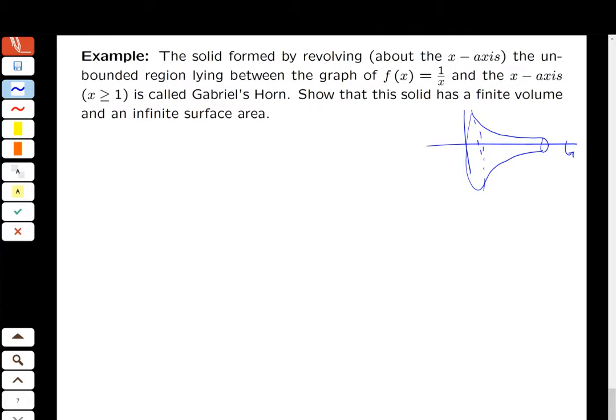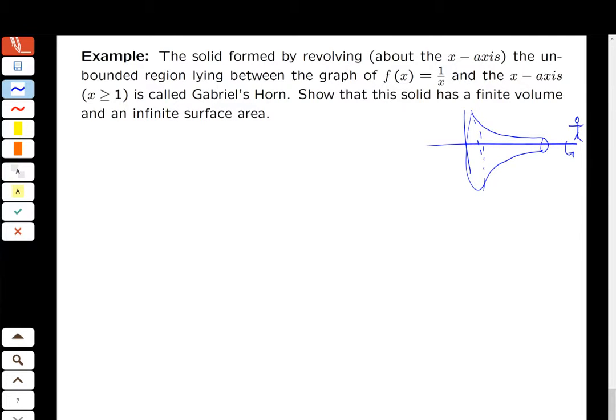You can kind of think of the angel standing over here. That's the mouth of the horn. It's a long ways in that direction. This is an infinitely long horn. What we're going to do is find the volume and the surface area of this horn.